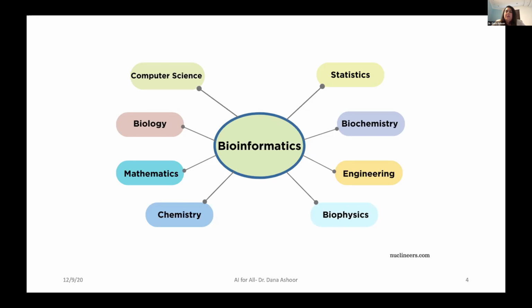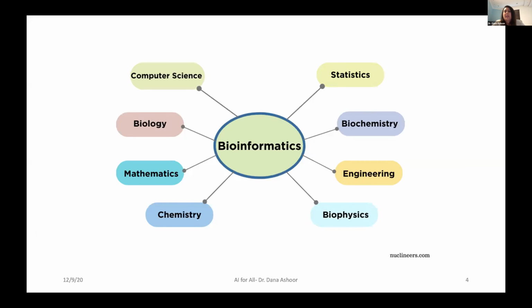And it is good to point out here that anyone with a background in any of these sciences can be a bioinformatician. It is a really interesting field, and it is a field of the future, especially in our region, our countries.